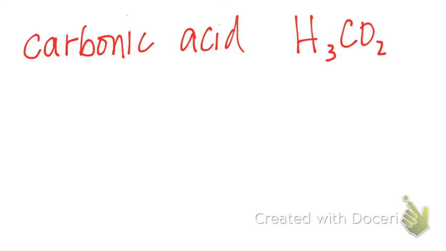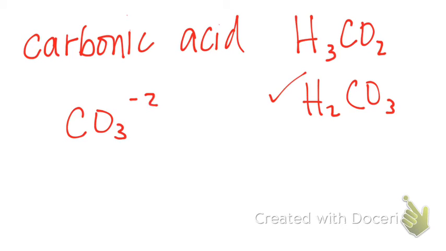H3CO2. H2CO3. Which one is it? This one. So this is why. Did you know carbonate is CO3 minus 2, or did you get those two mixed up? I got it mixed up. You just got these two mixed up?